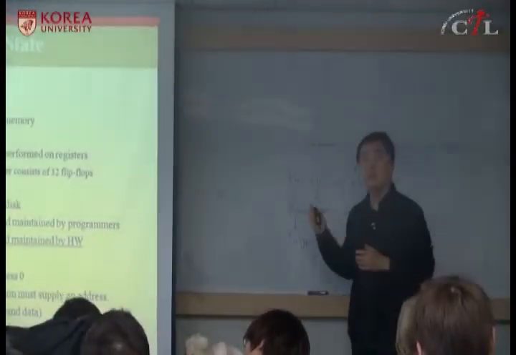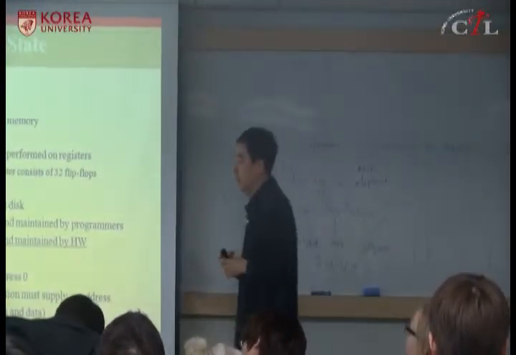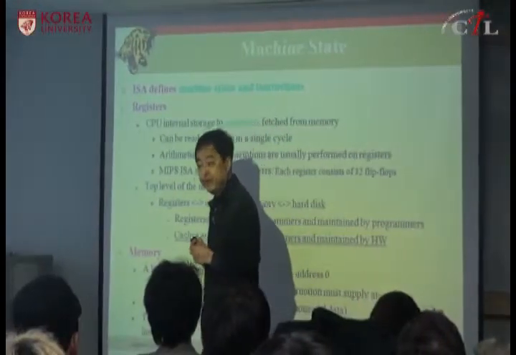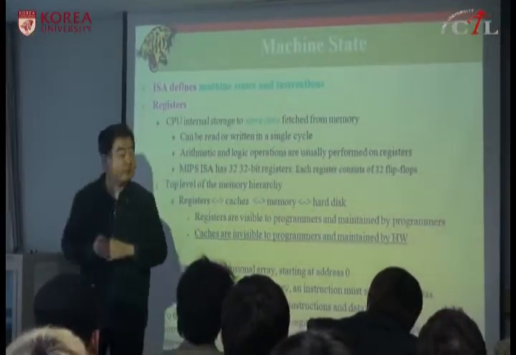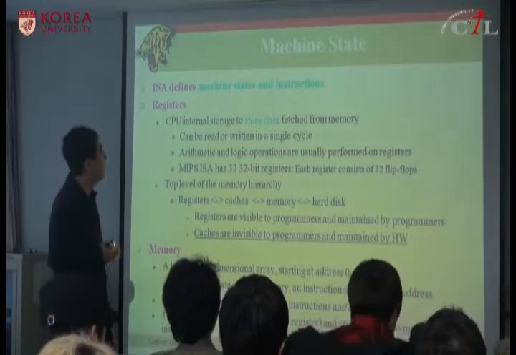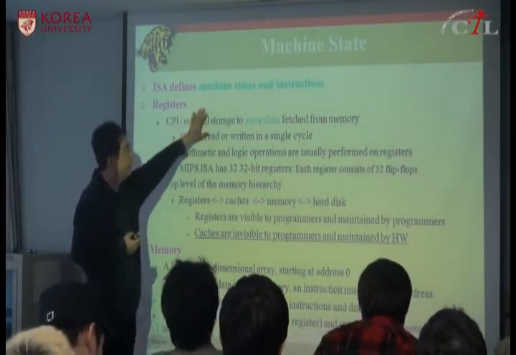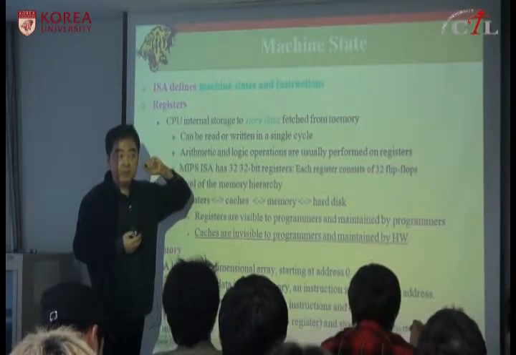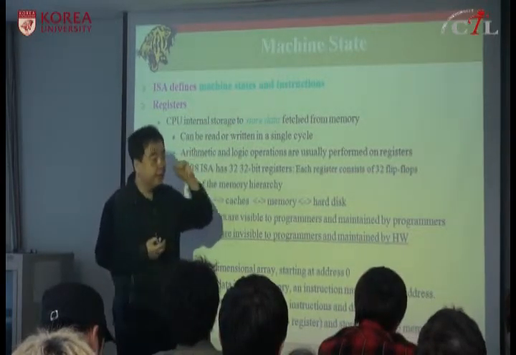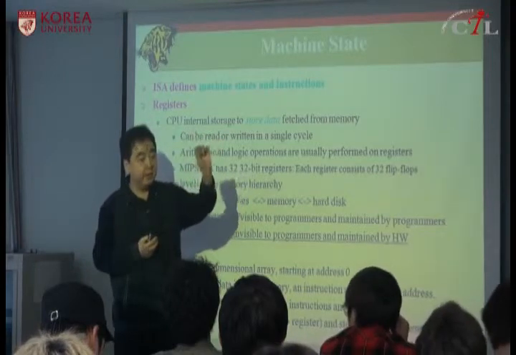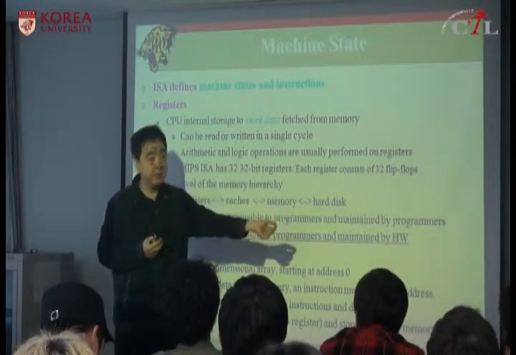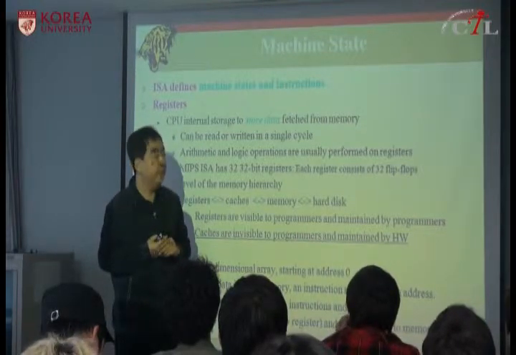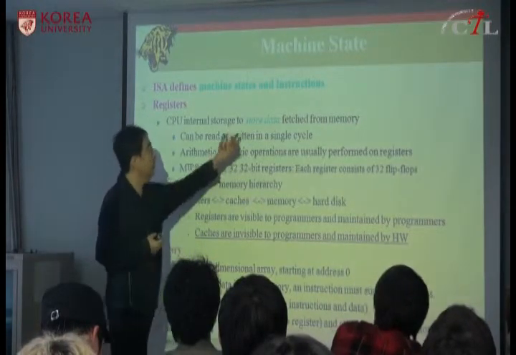So one 32-bit register contains 32 flip-flops. That's the register. So this register stores data fetched from memory. By using instructions, you can copy some memory data into a register, or from the register you can copy them to memory. Okay, it stores data.